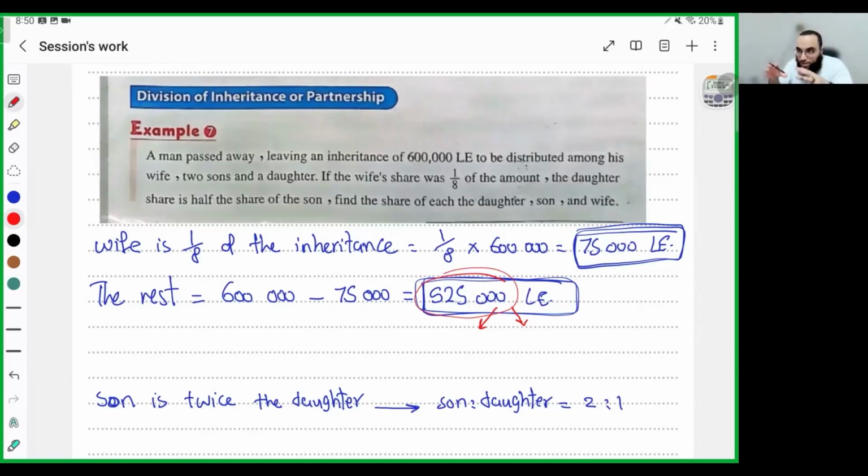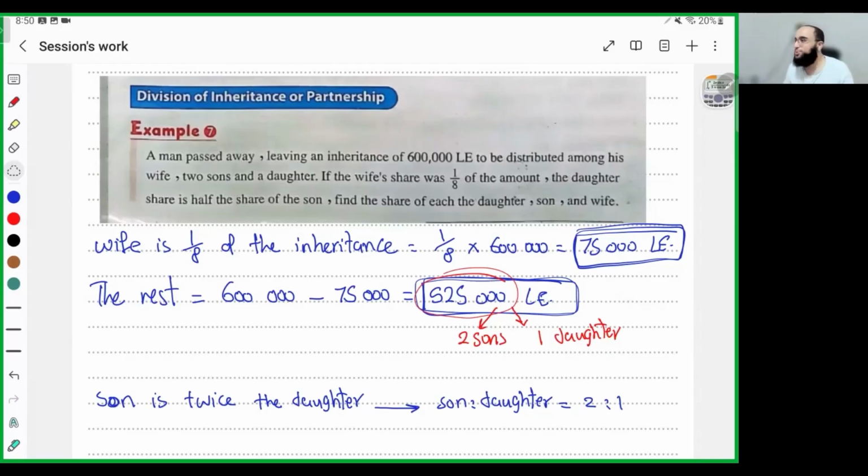This amount of money, 525,000, we will distribute among 2 sons and a daughter. Correct? أيوة. And the son takes what? للذكر مثل حظ الأنثيين. أيوة. The son takes double of the daughter.